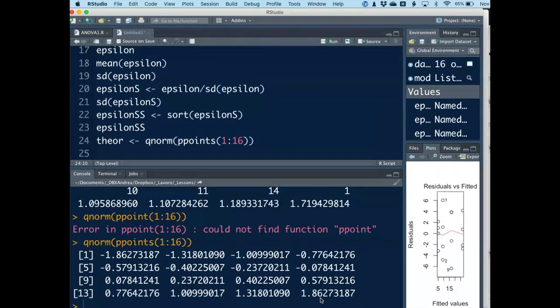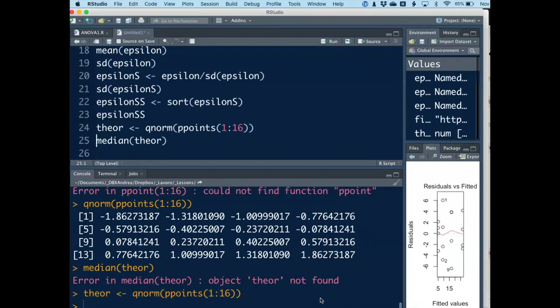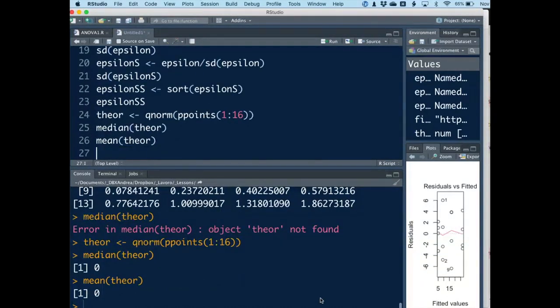And if you take the median of this theoretical sample, there we go, it's 0. And that's good because the median of a standardized Gaussian is 0. Also if you calculate the mean of these theoretical points, that is 0.